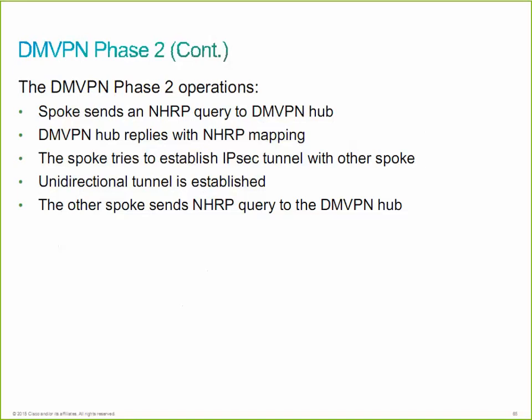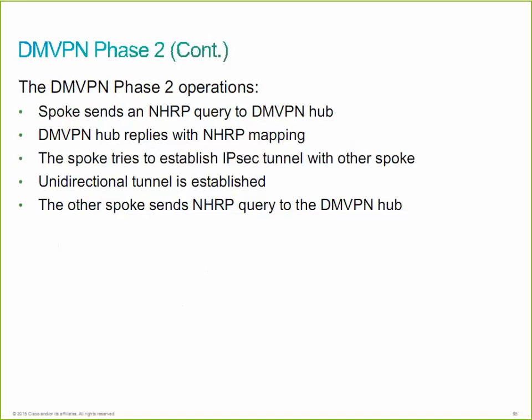The spoke sends an NHRP query to the DMVPN hub to resolve the next hop IP address of the tunnel endpoint address. Now, that next hop IP address is the physical IP address, the public IP address, to reach that particular spoke that corresponds to the tunnel endpoint address.